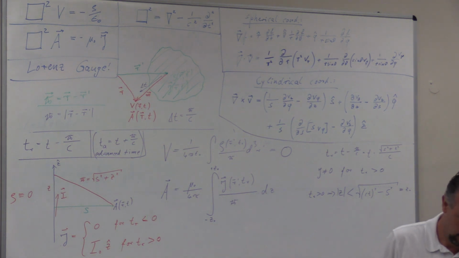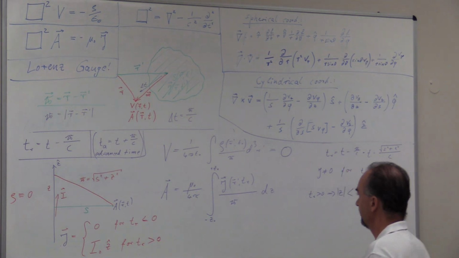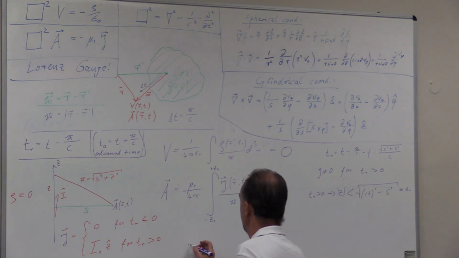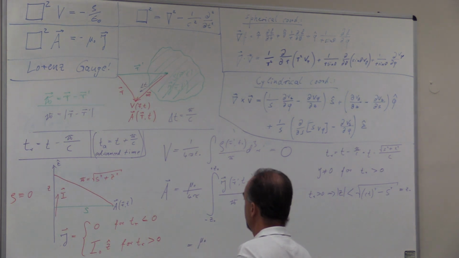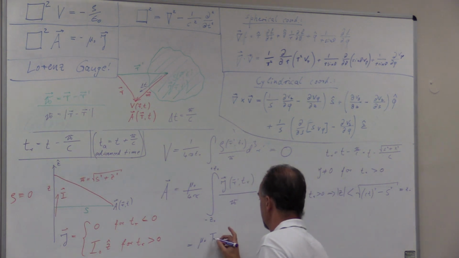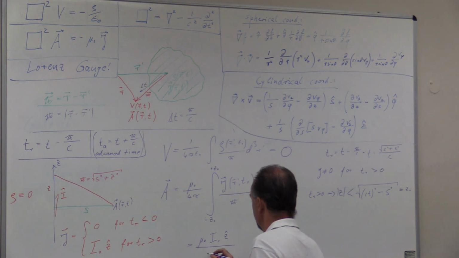So we can evaluate this integral now. So this A gives us mu naught. Wherever it's not 0, the current is I naught, times 1 over 4 pi.